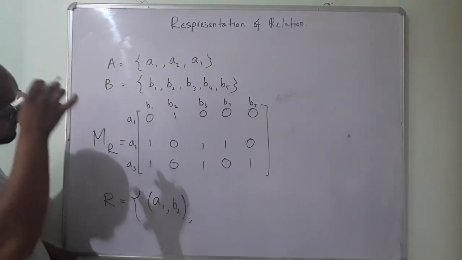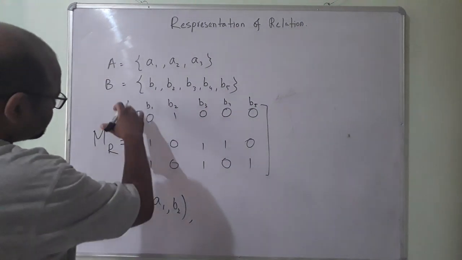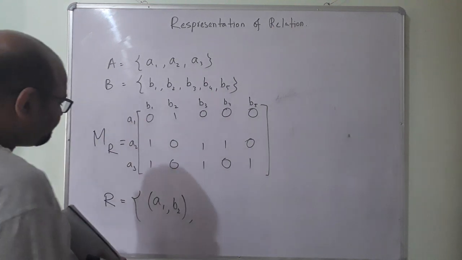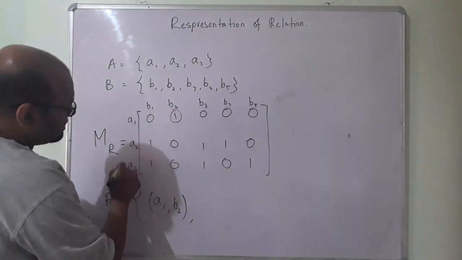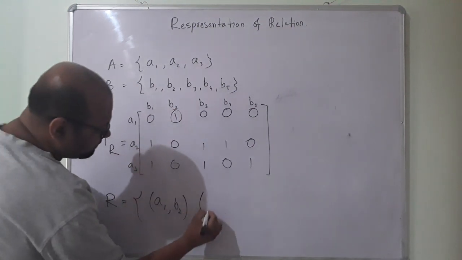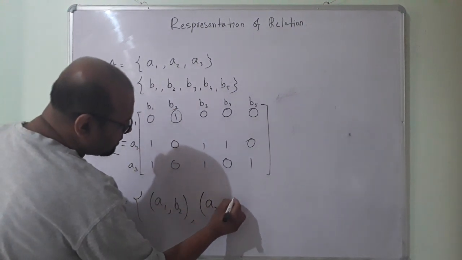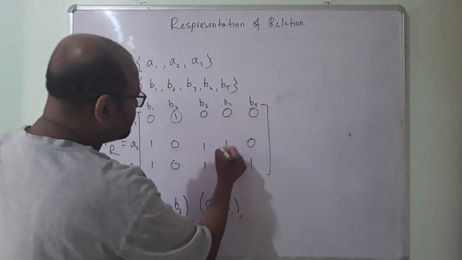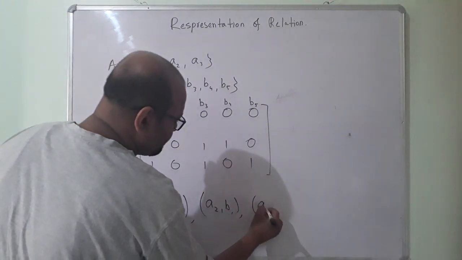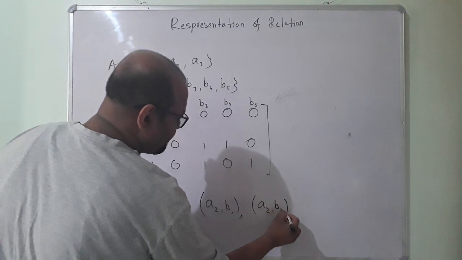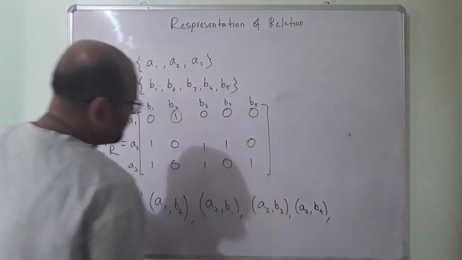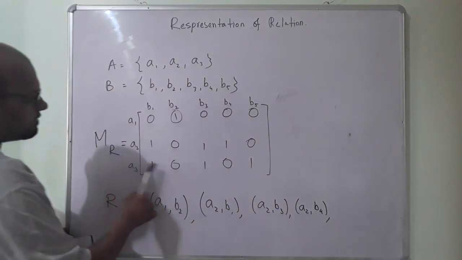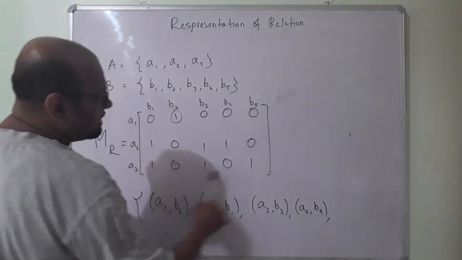So along the columns I have set B, and along the rows I have set A. So I have A1, B2 over here. Then I have A2, B1, A2, B3, A2, B4. Then I have A3, B1, A3, B3 and A3, B5.